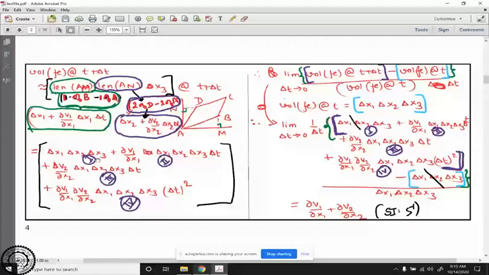Okay. So I've labeled these terms as 1, 2, 3, and 4. And I'm now going to plug these again in this expression, which is the rate of fractional change in volume. And again, remember that the volume of the fluid element at t is nothing but delta x1, delta x2, delta x3.